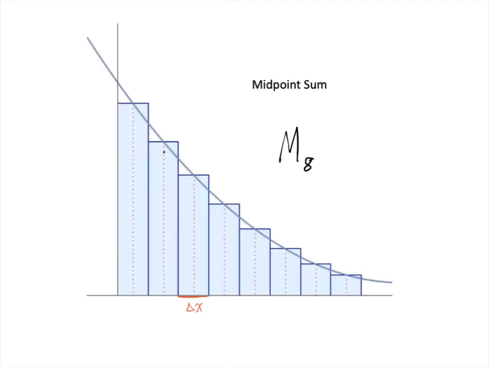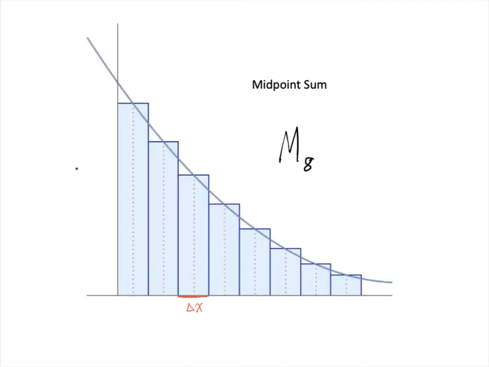For the heights, we need to evaluate the function at the midpoints. So we need to know the x values at the midpoints, and plug them into the formula for the function, which gives you the height. They're all multiplied by delta x, so you can factor out the delta x because they're all the same. It's just a matter of adding all the heights and then multiplying that sum by delta x. That gives you an estimation for the area.